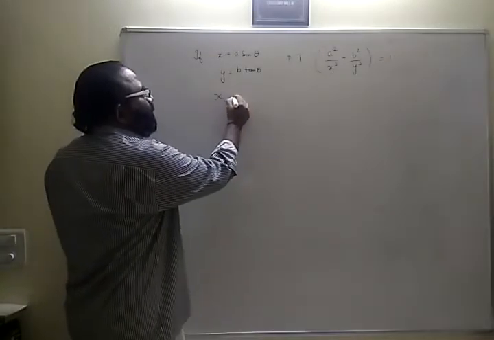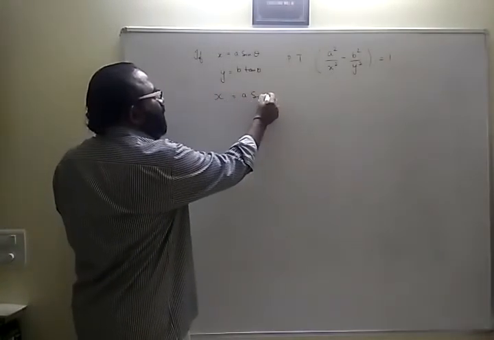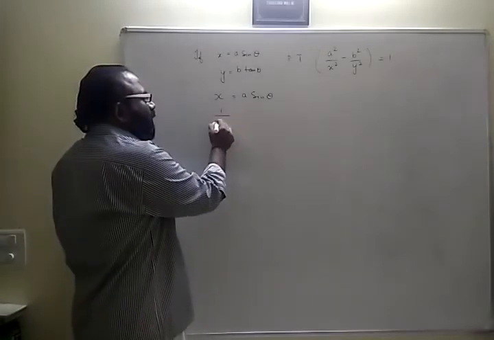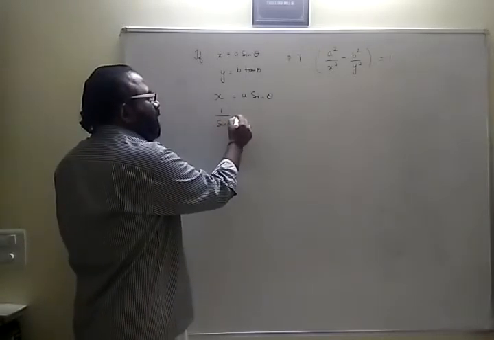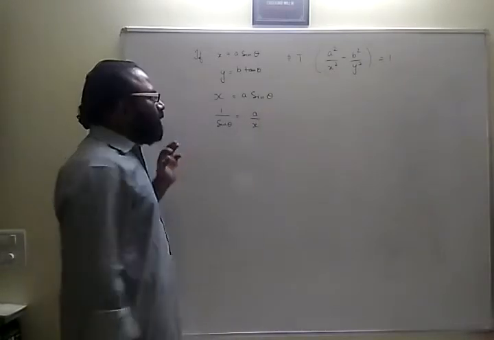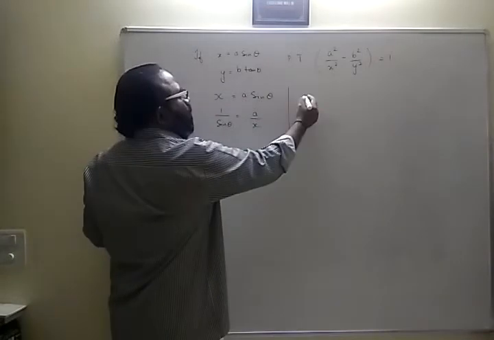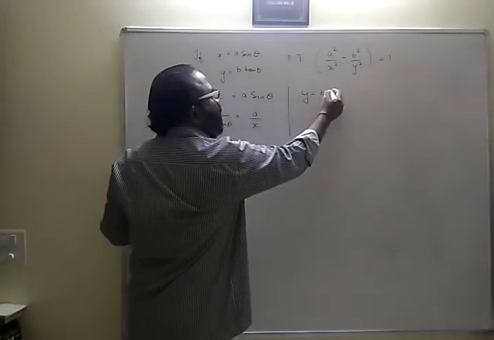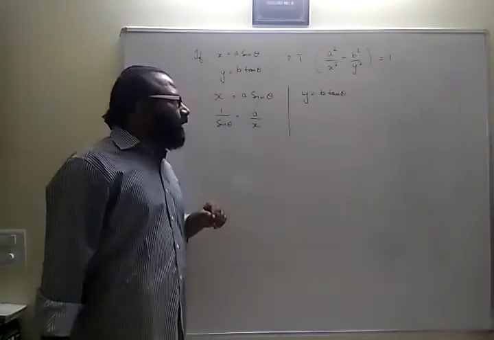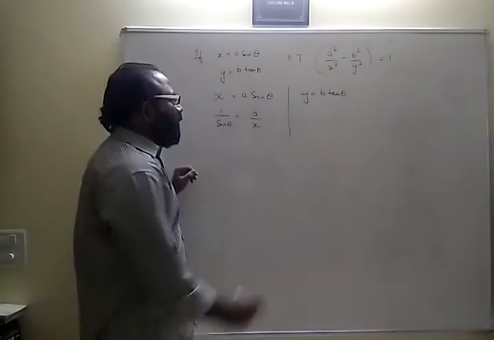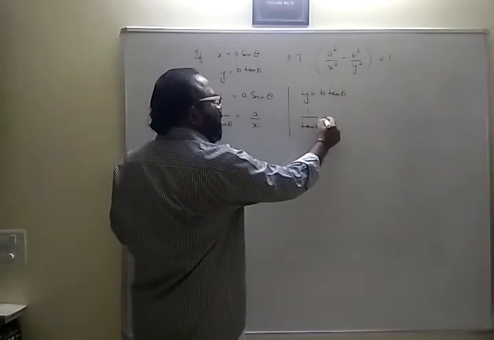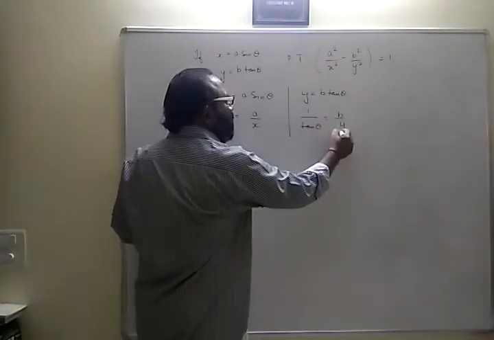So we have x is equal to a sin theta. Now let's bring the sin theta this side. So I can write it as 1 by sin theta equals a by x. Similarly here y equals b tan theta, I can write it as 1 by tan theta equals b by y.